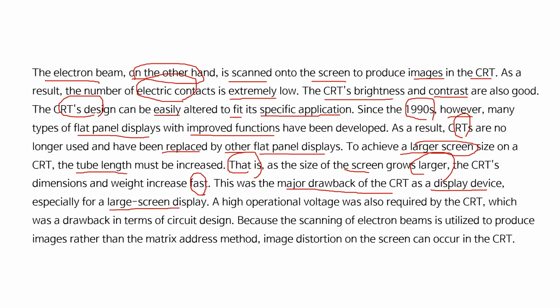A high operational voltage was also required by the CRT, which was a drawback in terms of circuit design. Because the scanning of electron beams is utilized to produce images rather than the matrix address method, image distortion on the screen can occur in the CRT.